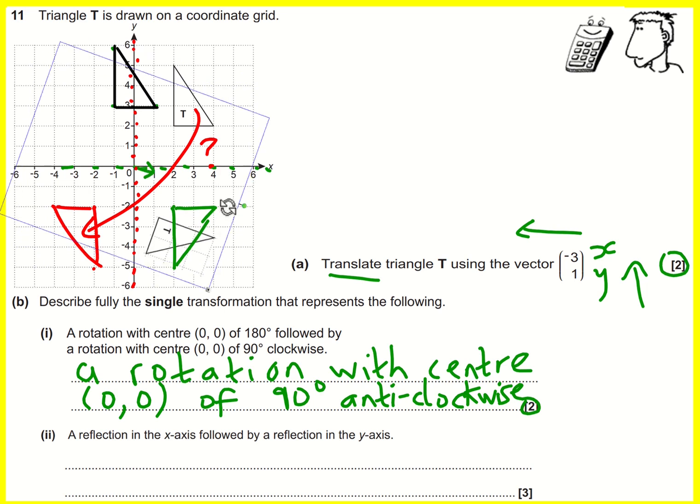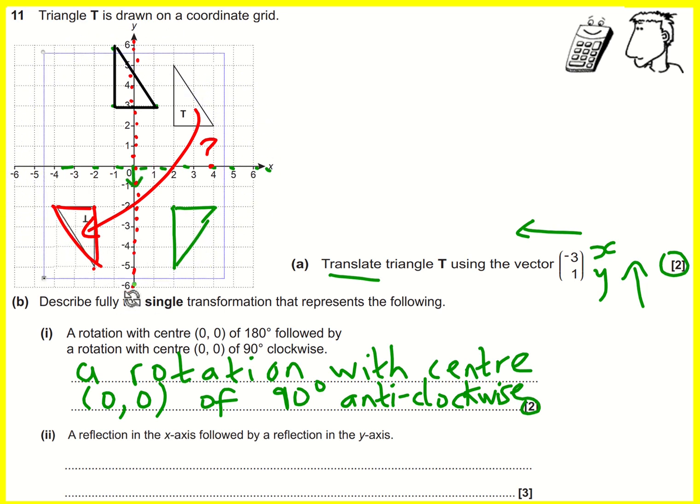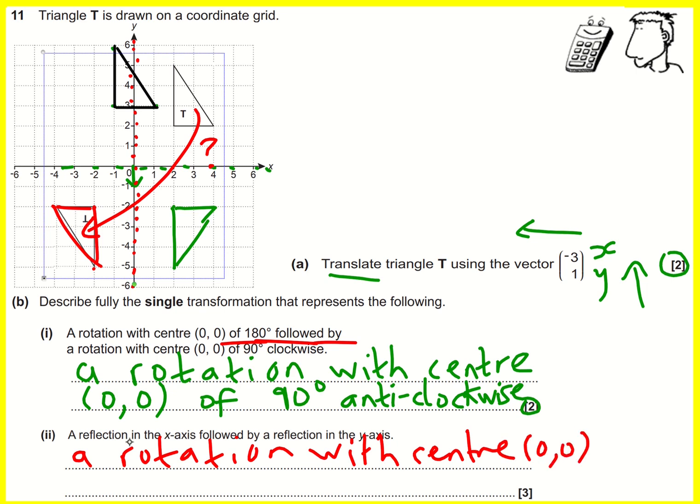Does that work? And in fact, it does. It fits it perfectly. So in fact, it's another rotation. It's a rotation with center 0, 0 of 180 degrees.